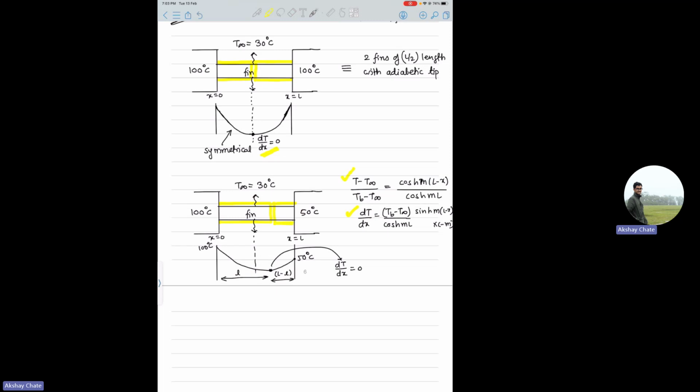Okay. So now I think fins. Yeah, one more problem was there for fins. I'll just see if I can find it quickly. But I think we should take it after this Biot number discussion.